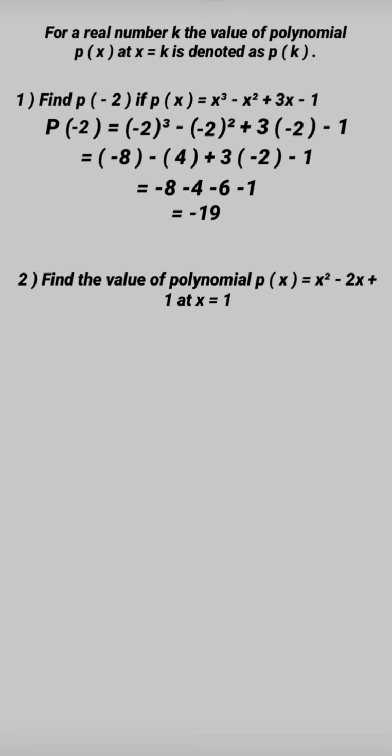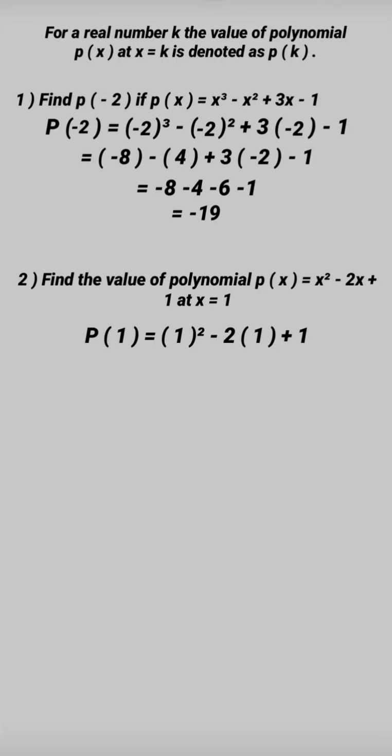Let us consider one more example. Find the value of the polynomial p(x) = x² - 2x + 1 at x = 1. That is, what we want to find is p(1). I'll substitute x = 1 on the left hand side and the right hand side.